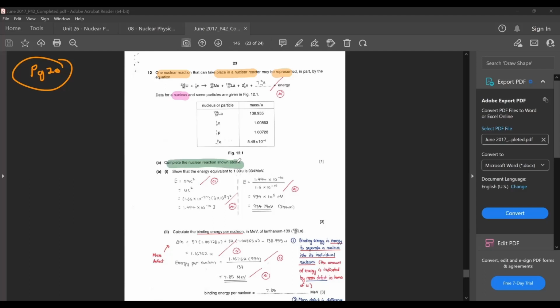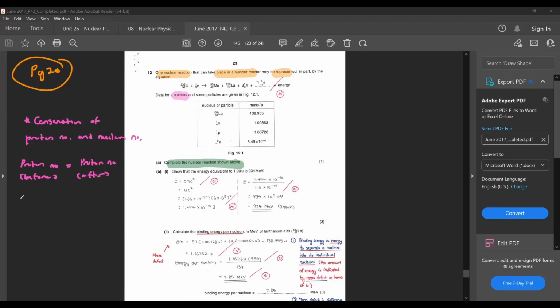This one is something that you will have learned in your AS particle physics. You will need to apply conservation of proton number and nucleon number, which basically just means this. Proton number before the reaction is equal to proton number after the reaction.